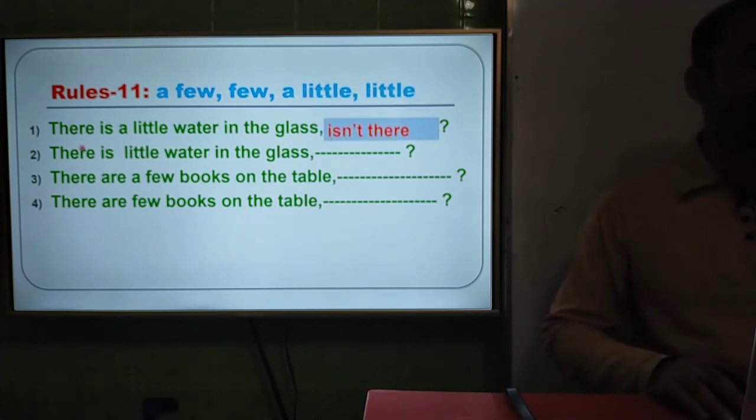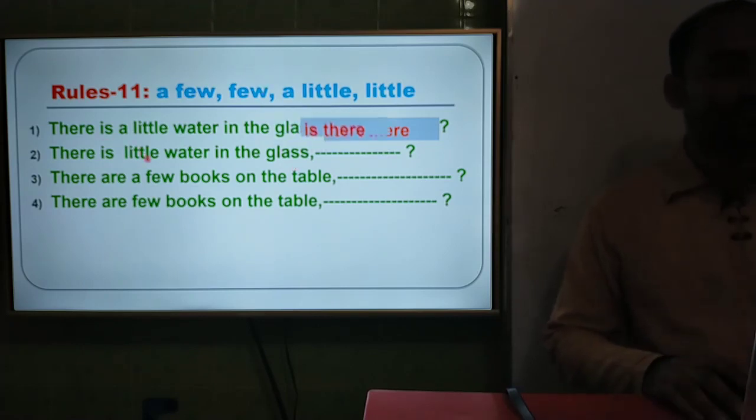If any sentence starts with "there", we have to use "there" in the tag question also. Now the second one, "There is little water in the glass." Here there is no "a" before little, so this is a negative sentence, and the tag question will be affirmative. The operator is "is", so the tag question will be "is there".